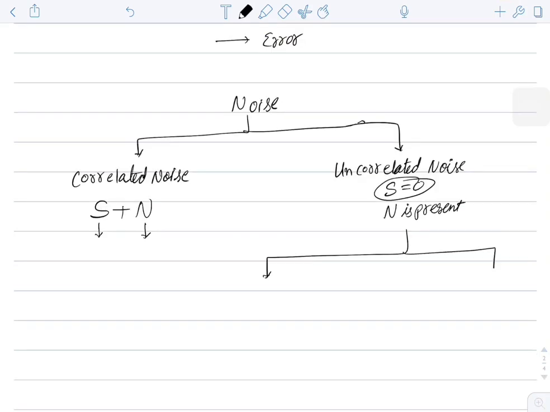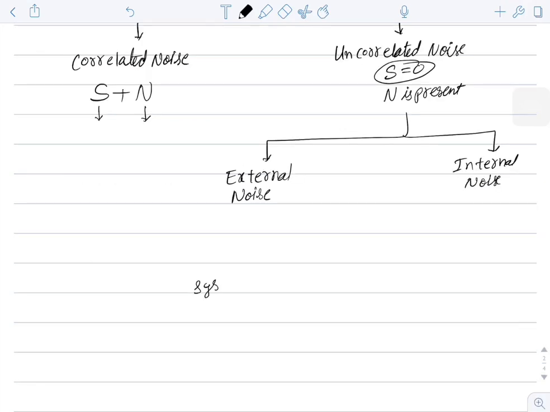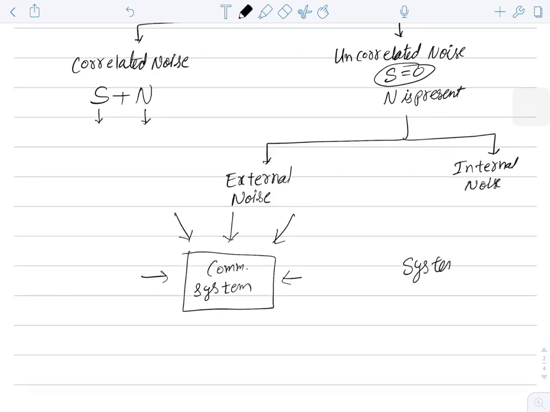Again, this uncorrelated noise is categorized into two types. One is external noise, the other one is internal noise. External noise is nothing but, let us say if you have a system and you get a disturbance in this communication system due to any external effect on the system, then it comes under external noise. The second case is the internal noise.